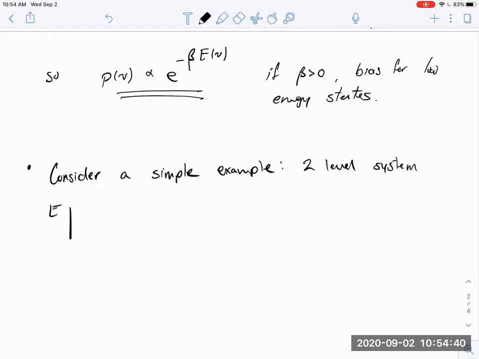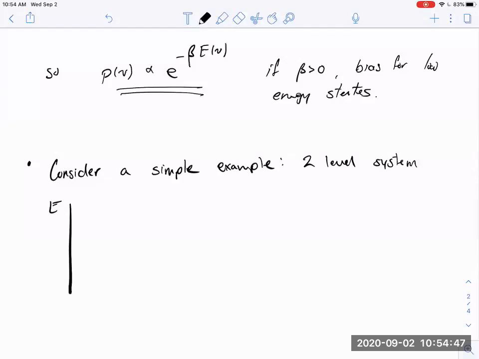So we can illustrate that two-level system. It's a system which can exist either in some state, let's call it state G for a ground state, with energy that we'll set as our zero of energy, or in some higher energy state, we'll call E for excited, that has some corresponding energy greater than zero, which we'll denote as epsilon.